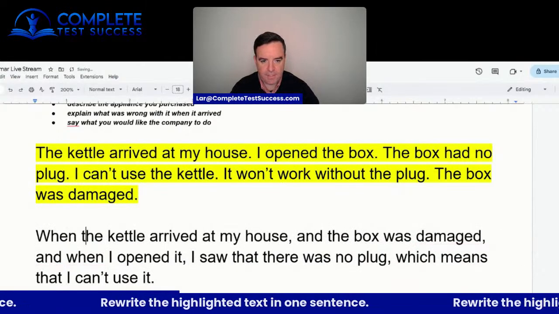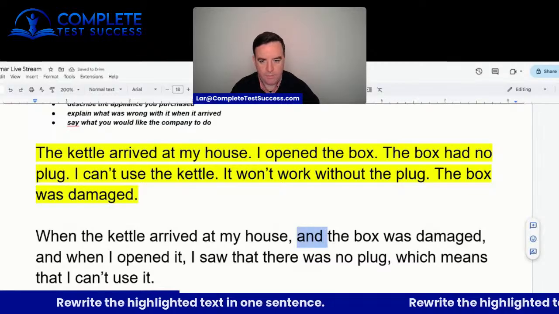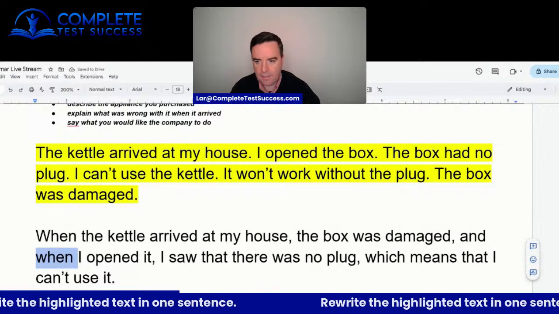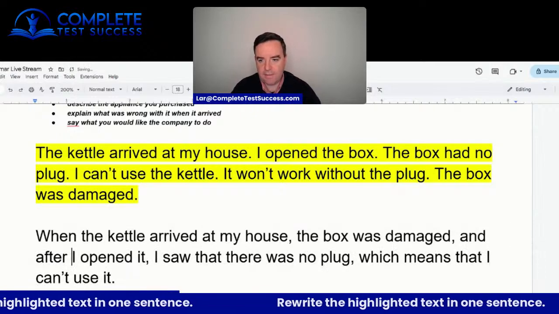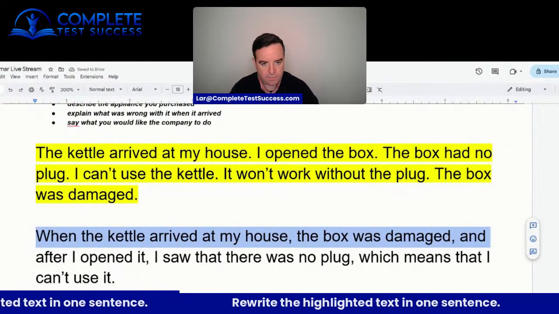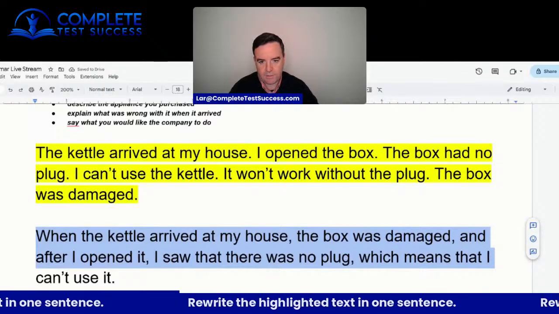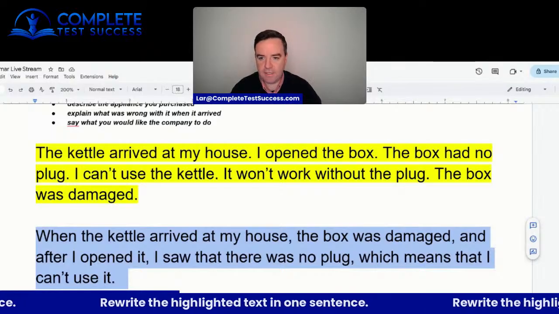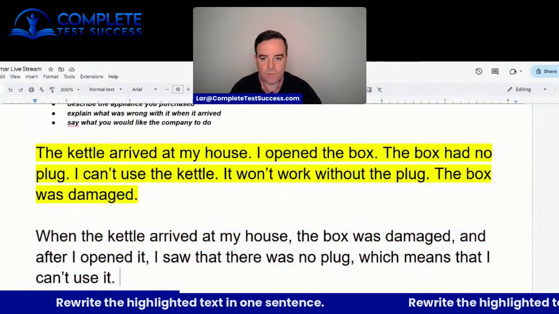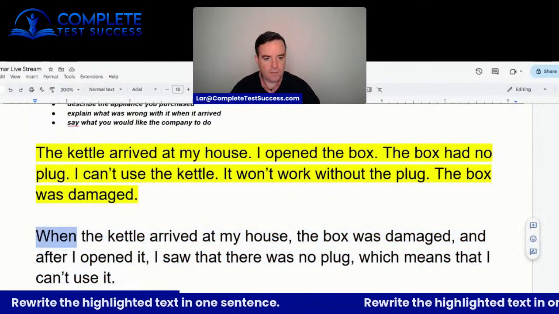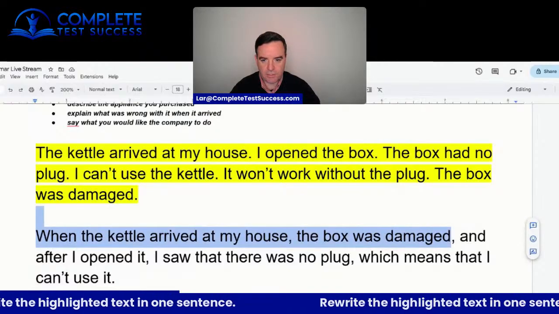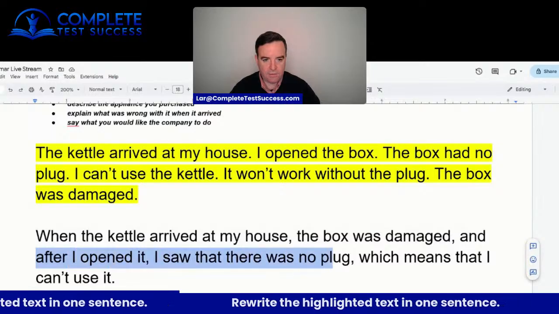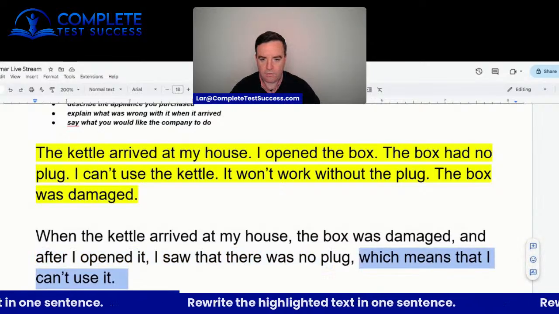When the kettle arrived at my house, the box was damaged, and after I opened it, I saw there was no plug, which means that I can't use it. Okay, so that's everything there, nicely packaged into one sentence. And obviously, we're using when to create a complex structure here, after to create a complex structure here, which to create another clause here.